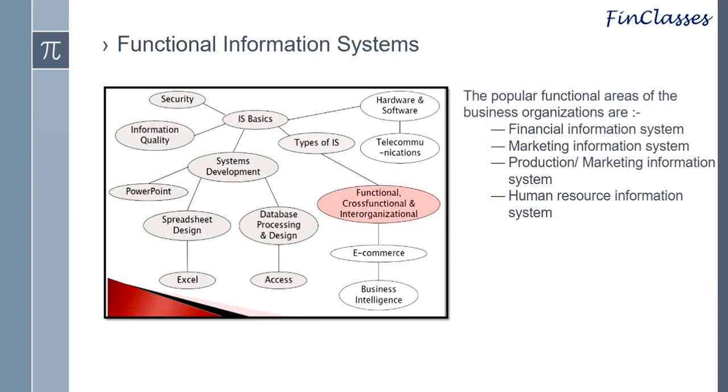These four are the basic departments of any organization: finance, marketing, production and human resource management. We're going to look into examples of these and where they would fit in the different levels of organizational management.